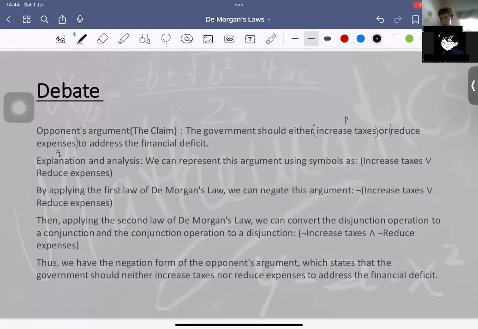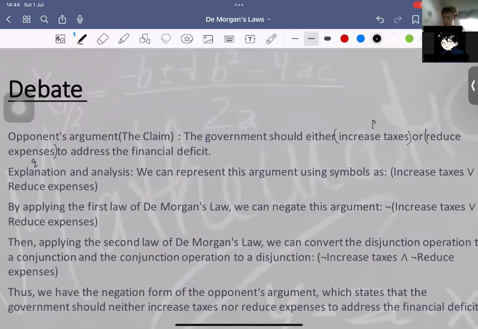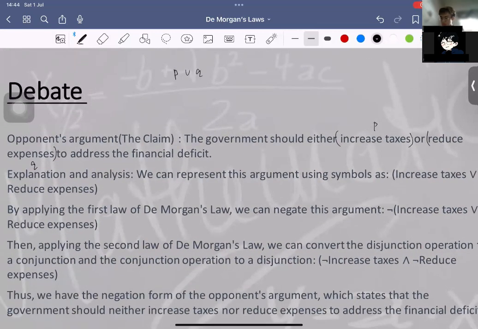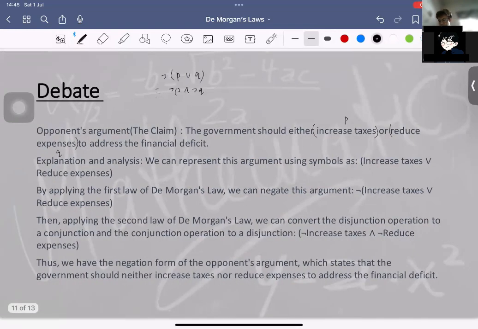So by applying the first law of De Morgan's law, we can negate the argument. P or Q, and then we negate this statement. This argument will become not P and not Q. So we have the negation form of the opponent's argument, which states that the government should neither increase taxes nor reduce expenses to address the financial deficit.